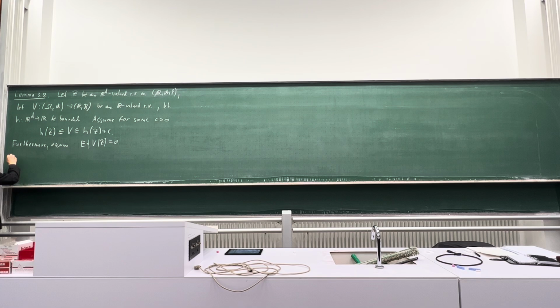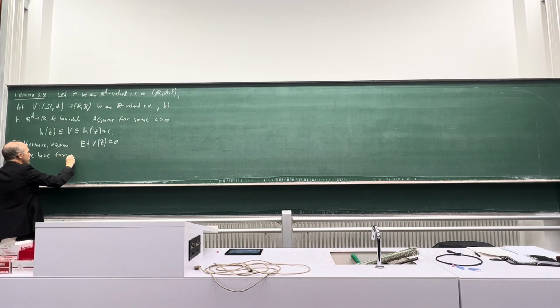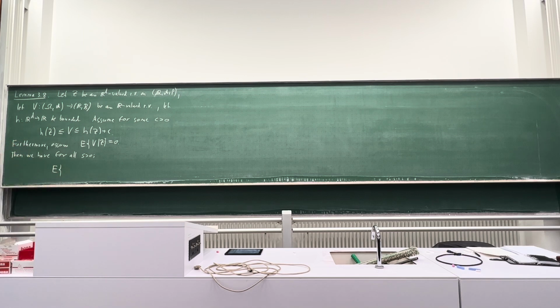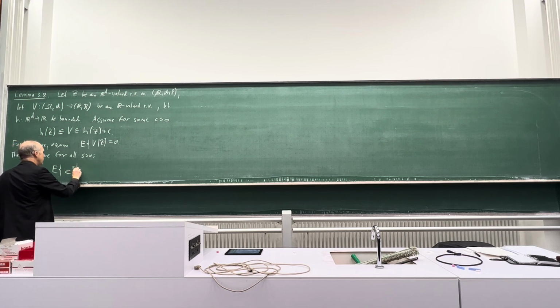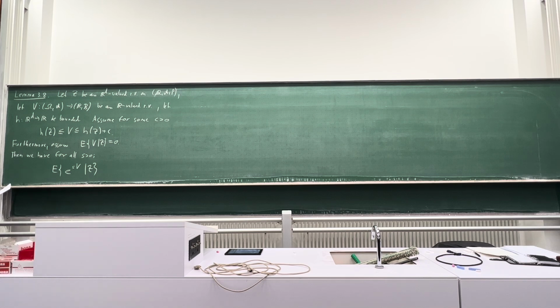And then the assertion is that for all s greater than 0, the conditional expectation of e to the power s times V given Z is less than or equal to some deterministic number, e to the power s squared times c squared divided by 8.